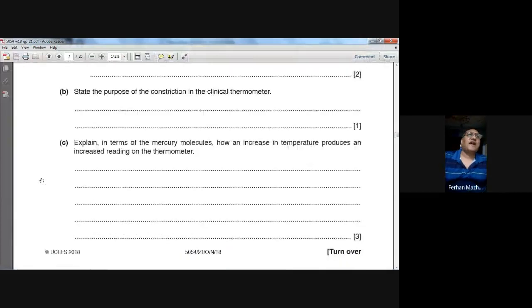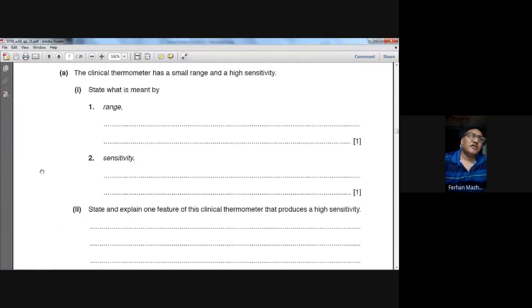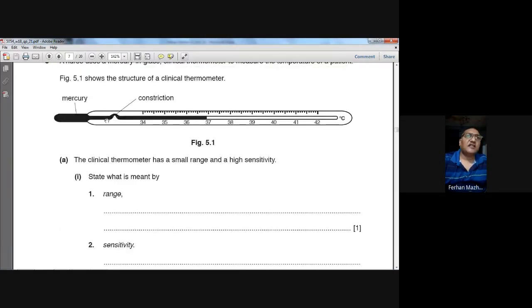Okay, so question number 5B part. State the purpose of the constriction in the clinical thermometer. You see this bend in the bore, this is called constriction. The purpose of this constriction is that once the mercury has moved onto the right side of the constriction, it does not let the mercury go back.